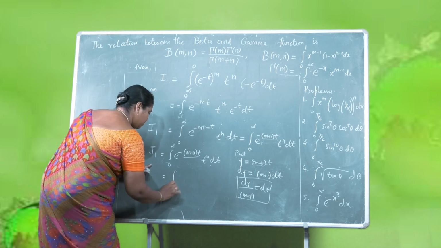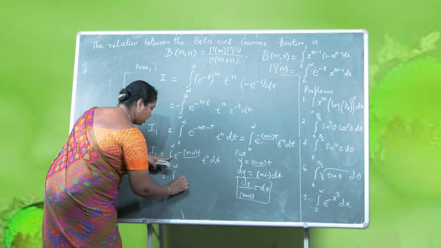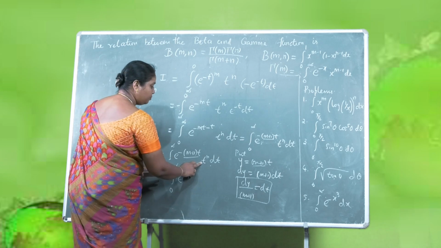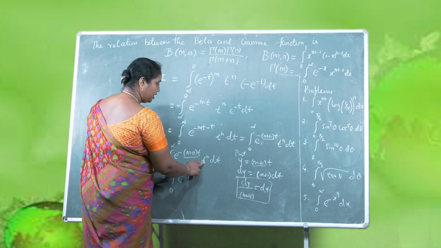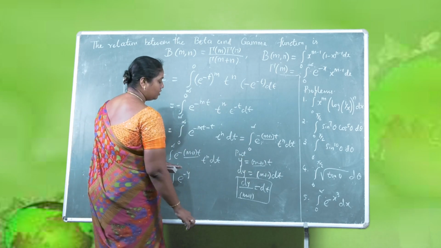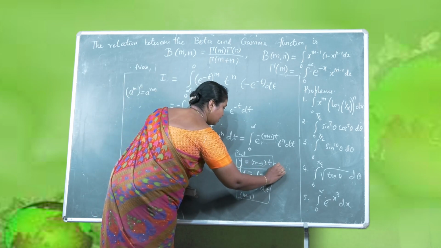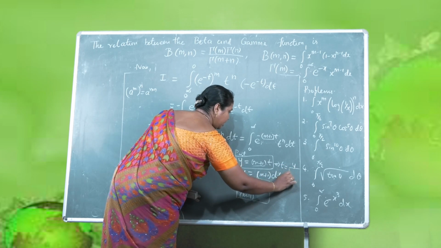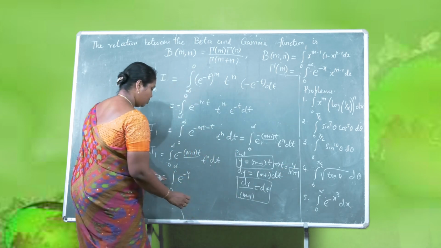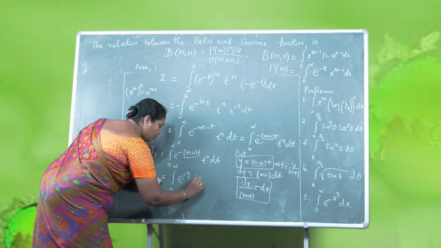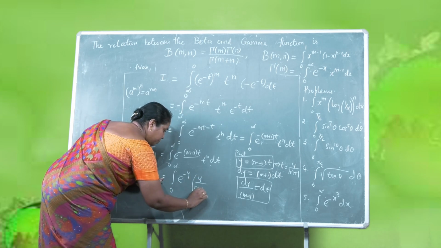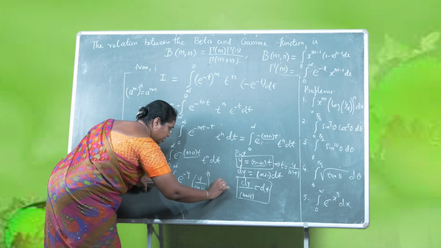The limits will be the same, e power minus y. The t power n is what? What is t? t is nothing but y divided by m plus 1. So if you substitute here, we get y divided by m plus 1, the whole power n.